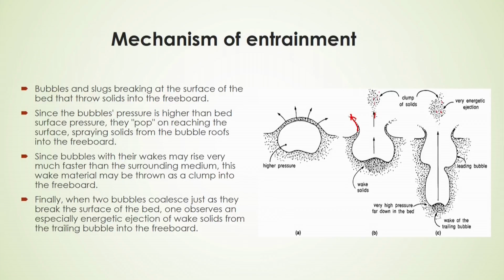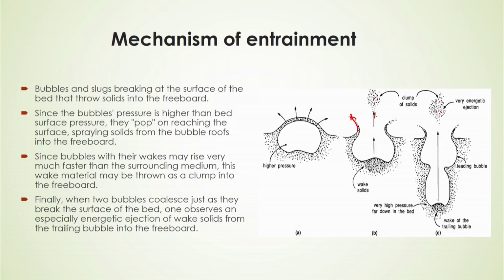This is the mechanism by which entrainment occurs. Basically, bubbles or slugs break at the surface of the bed and throw solid particles into the freeboard. And inside the bubble there will be a higher pressure than the bed pressure, of course.